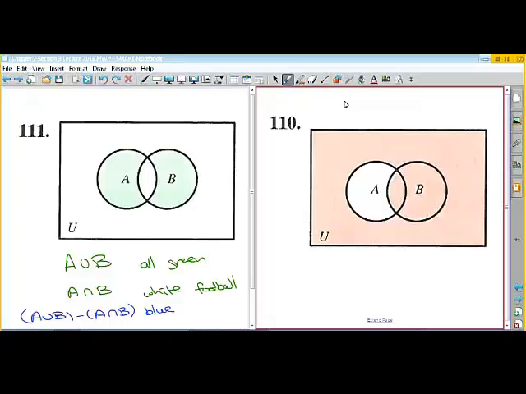So again, we're trying to figure out what the orange area is. So what if we figure out what the white area is and then take the complement of it, right? That makes sense. So what is the white area? It's A, what's that? Well, A prime would be all this stuff outside the area.